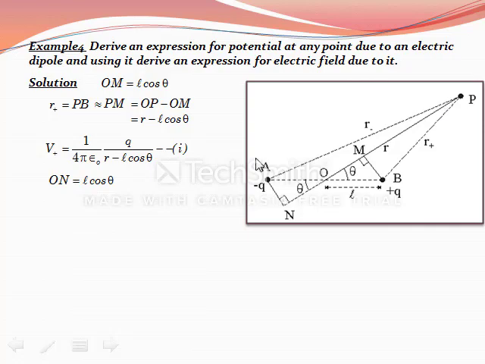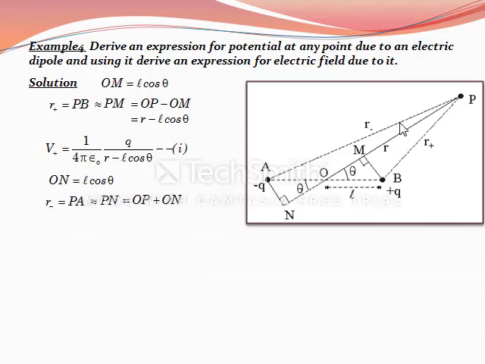Again, let us take the approximation. We are interested in finding out this AP, which is PO plus ON. First of all, this r minus is equal to AP or PA, and this PA is approximately equal to PN. PN is PO plus ON.